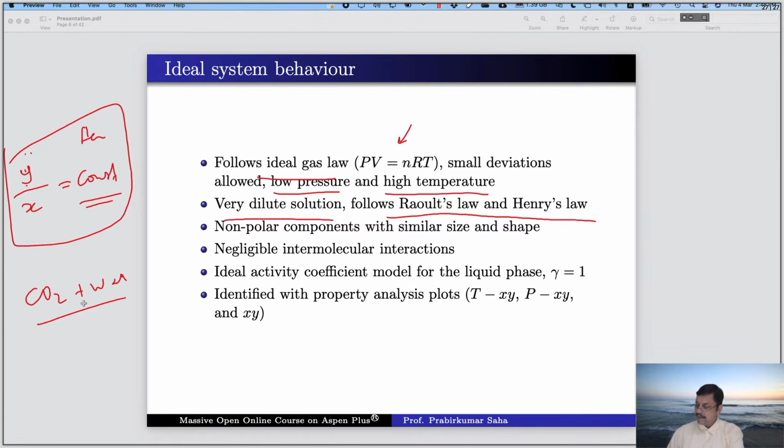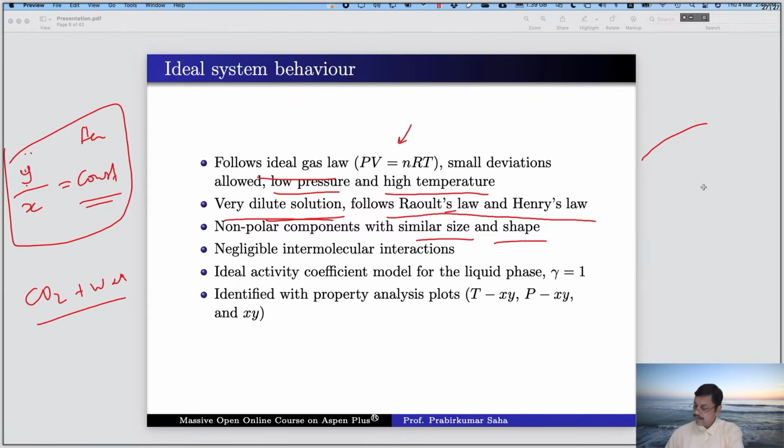And Raoult's law, as you know, for this the dilute solution condition is not required. For Raoult's law, the entire concentration range between two components will be valid, and it is between non-polar components of similar size and shape.